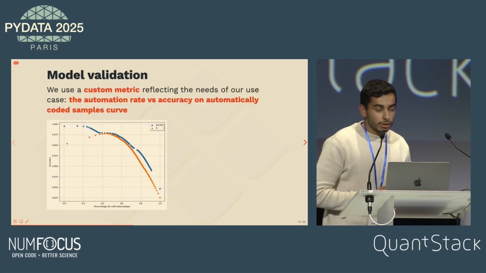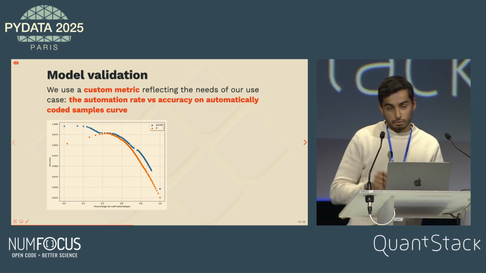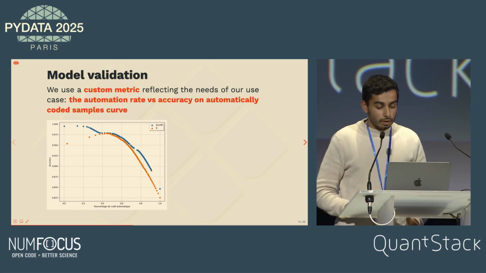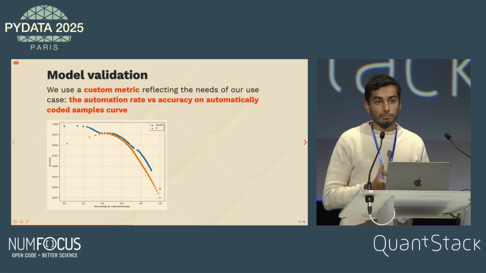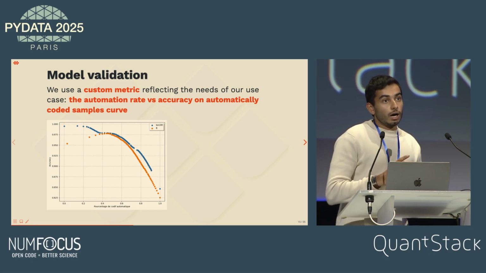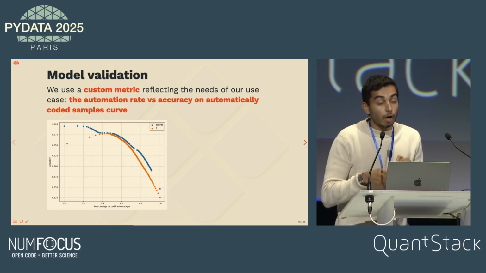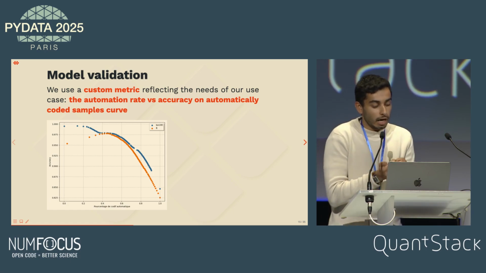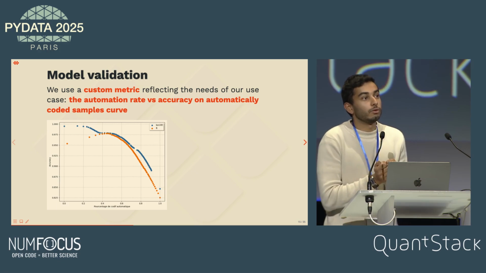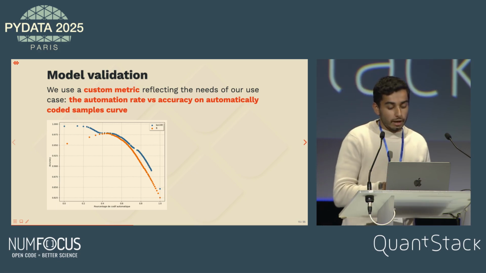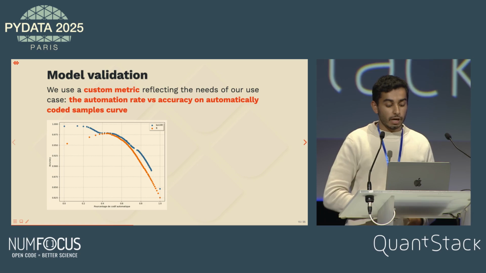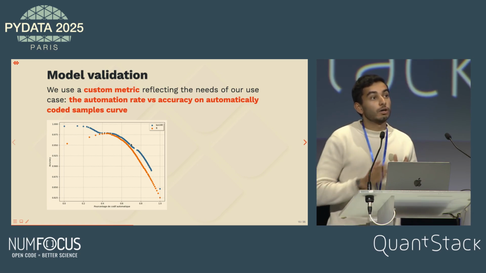To validate the model, which was also one of the bugs that was highlighted in bold, we have a custom metric that measures the trade-off between how much you automatically code and how accurate you are on the automatically coded samples. And all the different points here have several confidence thresholds.